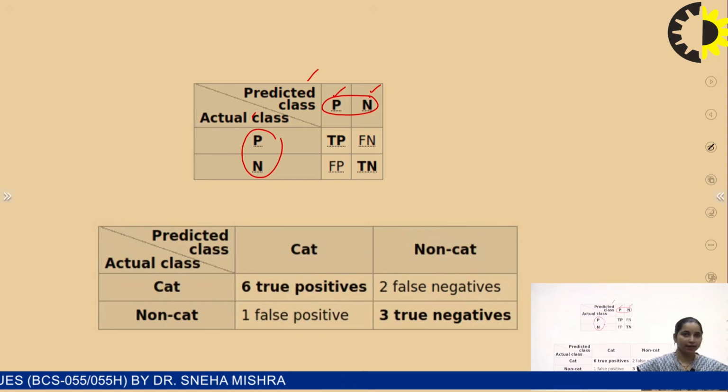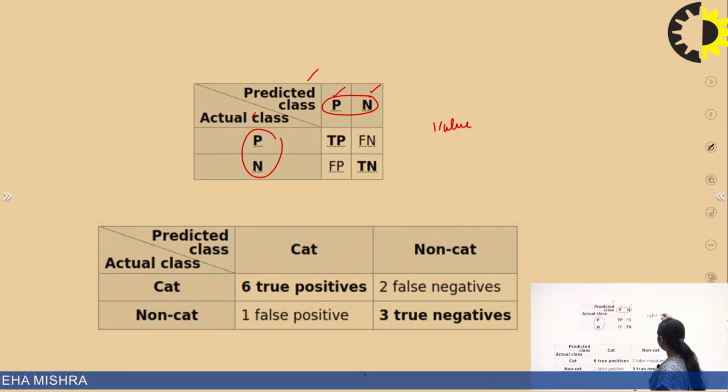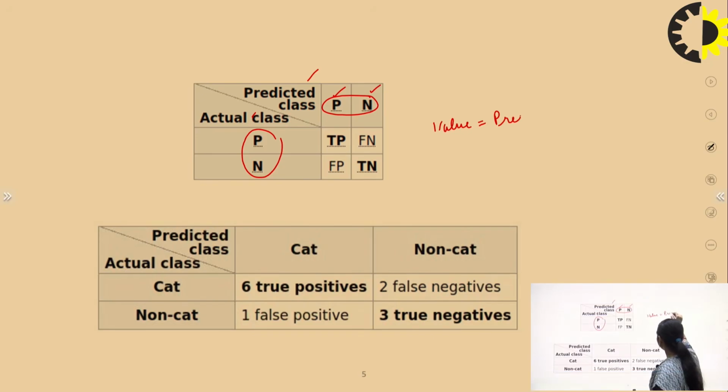Positive and negative both say that if the value is present, then consider it positive, no matter whether it is actually present or predicted to be present. So in both cases it is positive. But if the value is absent, then in that case it is negative.